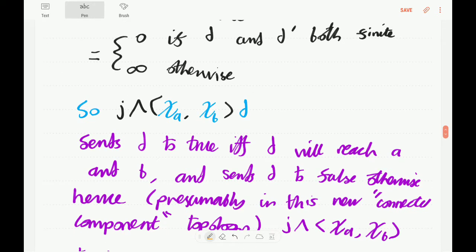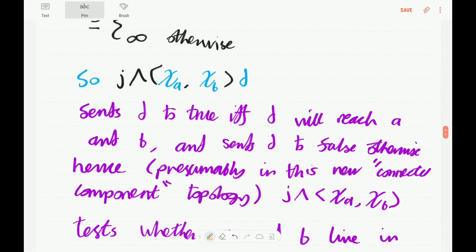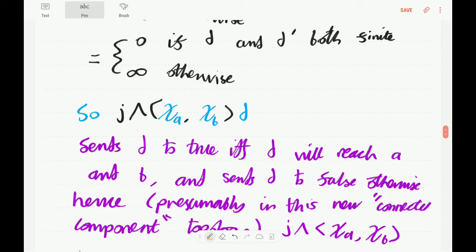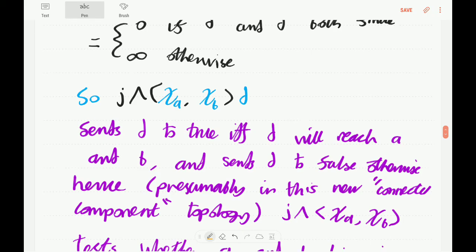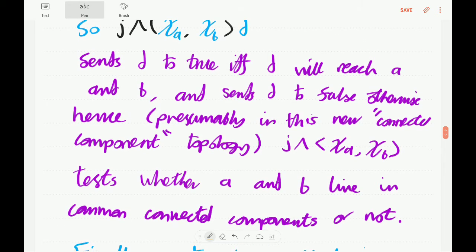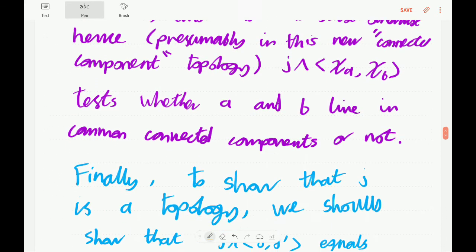If we're willing to take the book's word for it, we don't need to go through all this. They're the three conditions that you need J to satisfy in order for it to be a topology in general. But it's also a general fact that not always gives a topology.